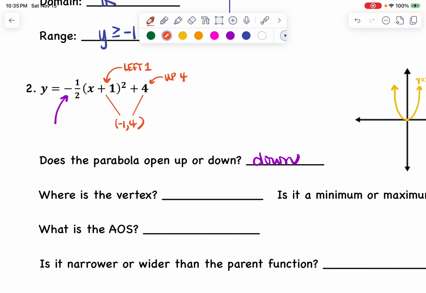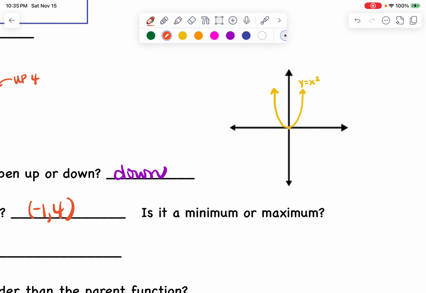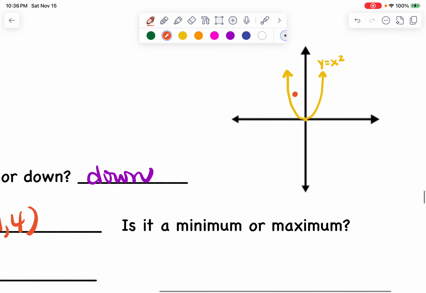So I'm literally just pulling out that h, k value. So -1, 4. I'm going to go over here to my graph, -1, 4. Okay, so let's say that's here, and we know it opens down.